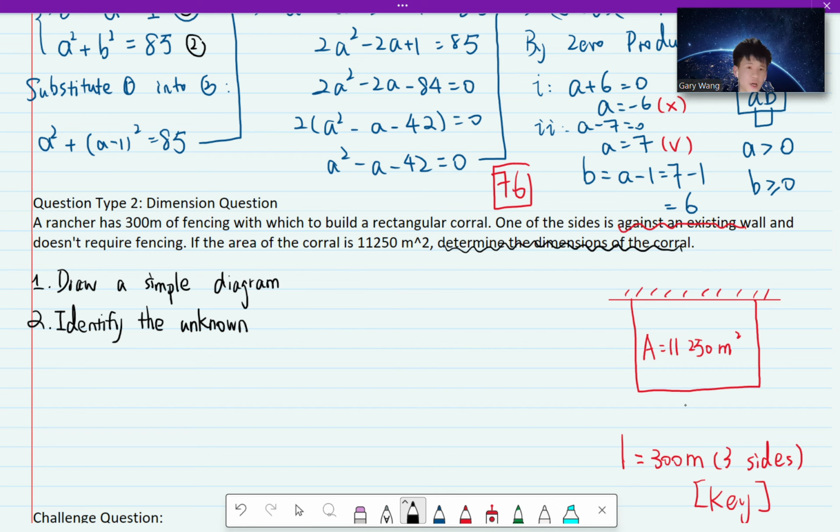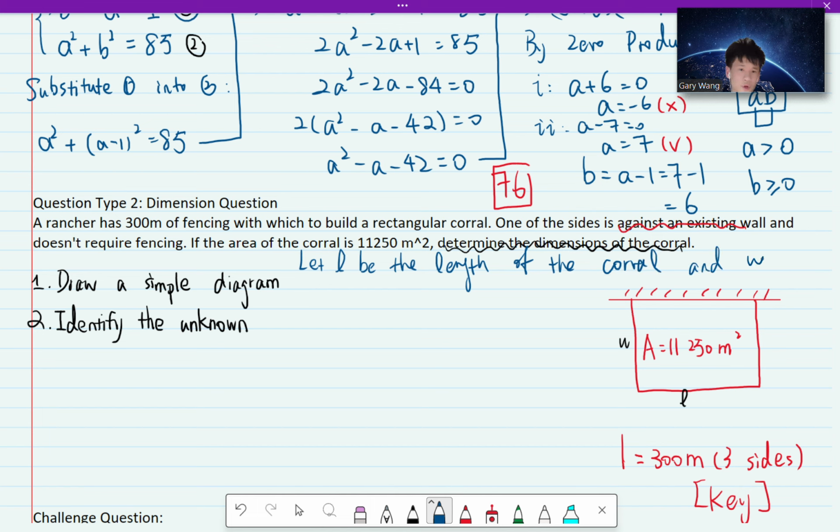As we know, for any rectangle we have a length and a width. So we can simply start off by declaring that let L be the length of the corral and W be the width.